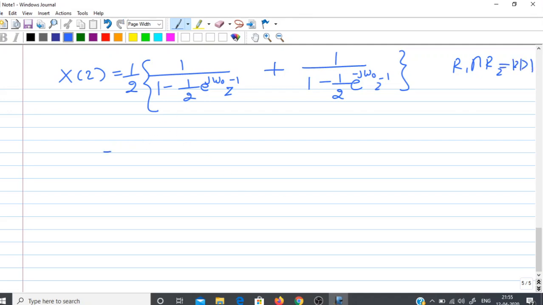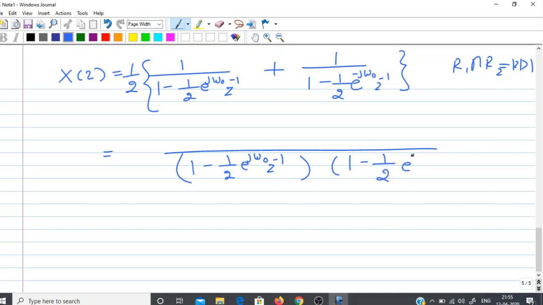Now we simplify this, so we take the LCM. On taking the LCM, we get 1 minus e to the power j omega naught z inverse multiplied by 1 minus e to the power minus j omega naught z inverse, and the half is outside. Then in the numerator we get 1 minus e to the power minus j omega naught z inverse, plus 1 minus e to the power j omega naught z inverse.